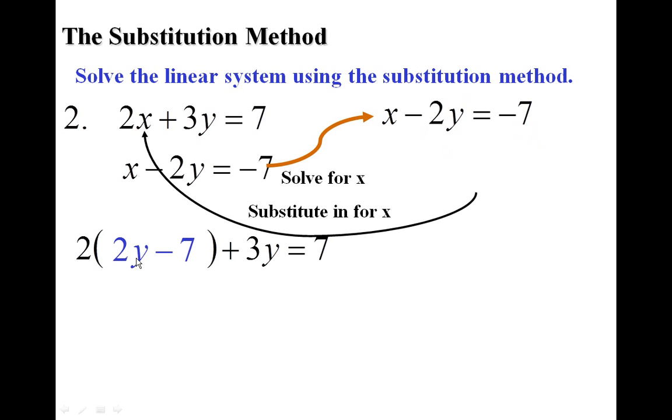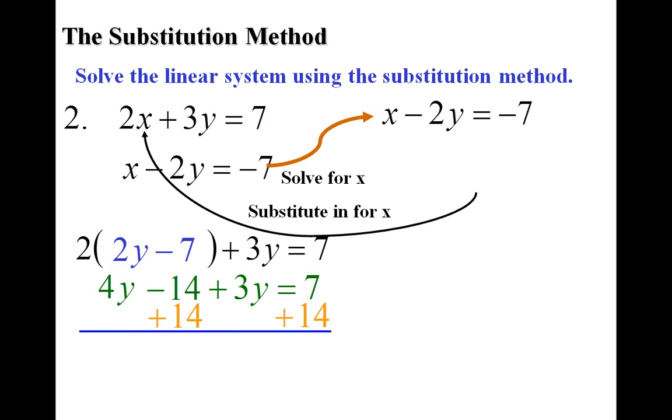So 2y minus 7 goes here, and now we're going to distribute, get 4y, 2 times negative 7, it's minus 14, plus 3y equals 7. Now what would you do? You can add 14, you can put your like terms together. Go ahead and put your like terms together, you get 7y equals 21.